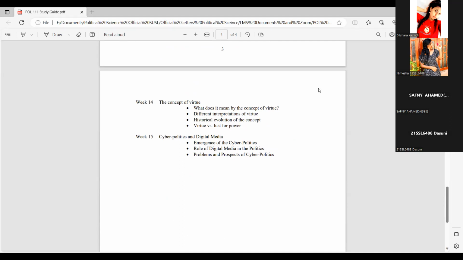How we can understand and apply the concept of virtue in the modern context, right? So, how we can see, how we can understand the concept of virtue versus lust for power, running behind the power.